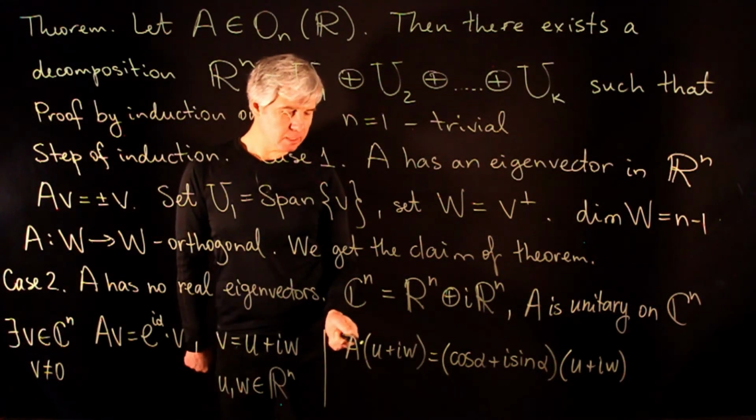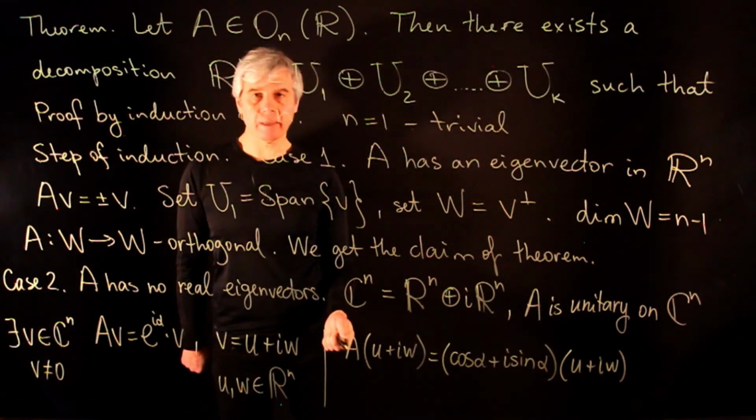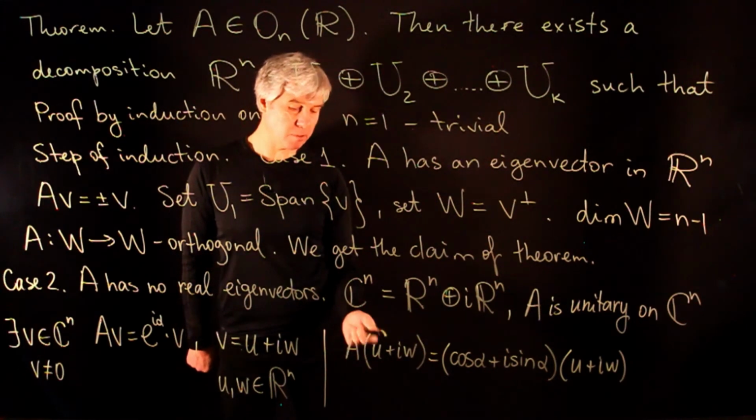Now, A is a real matrix. So when we apply a real matrix to a real vector, the result is real.